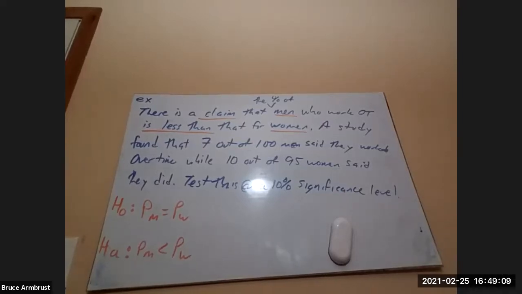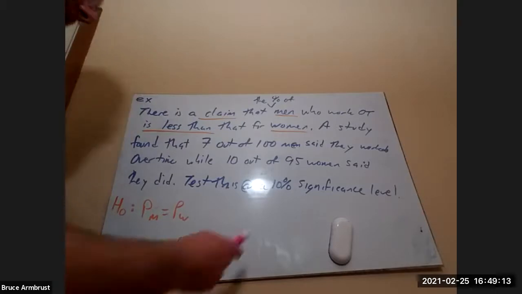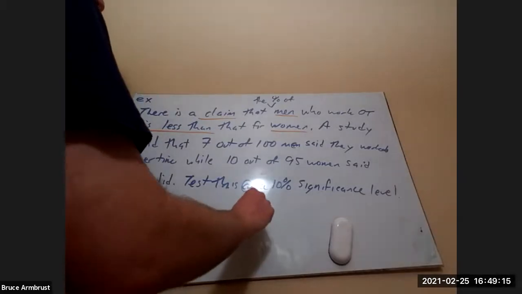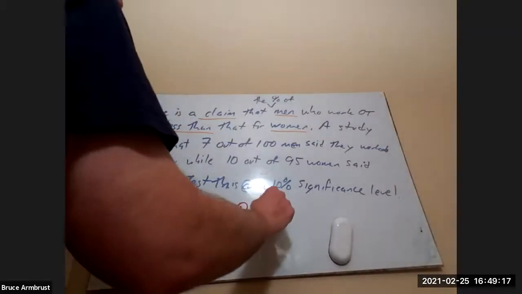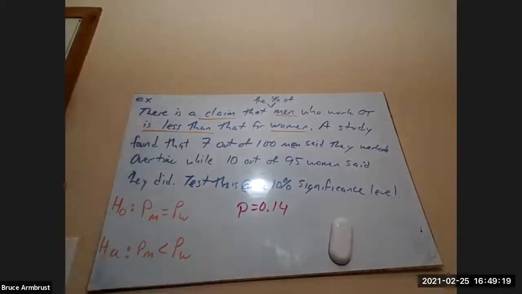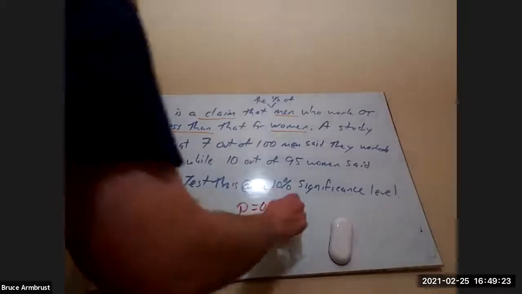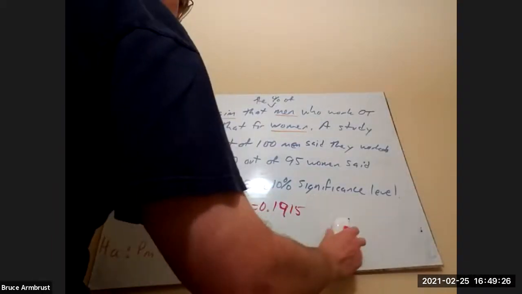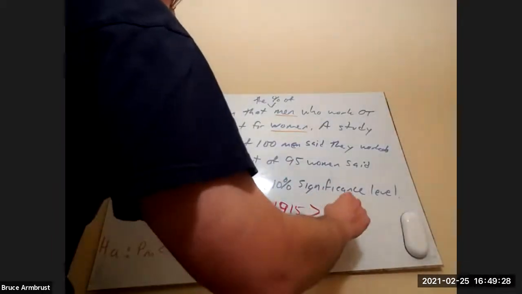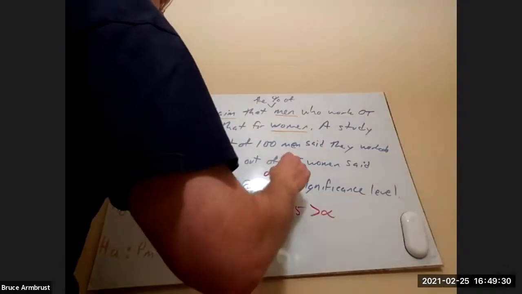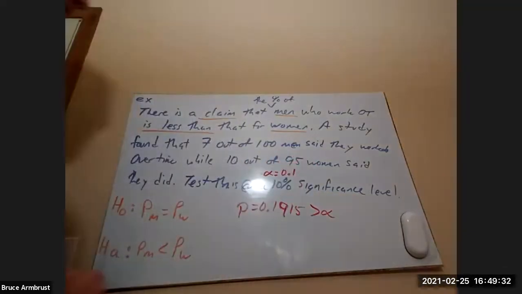Our P of 0.1915 is greater than alpha, because alpha is 0.1.